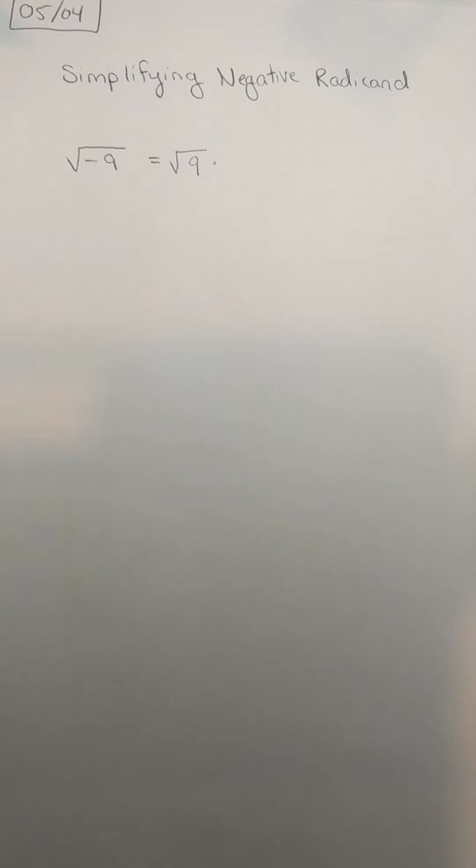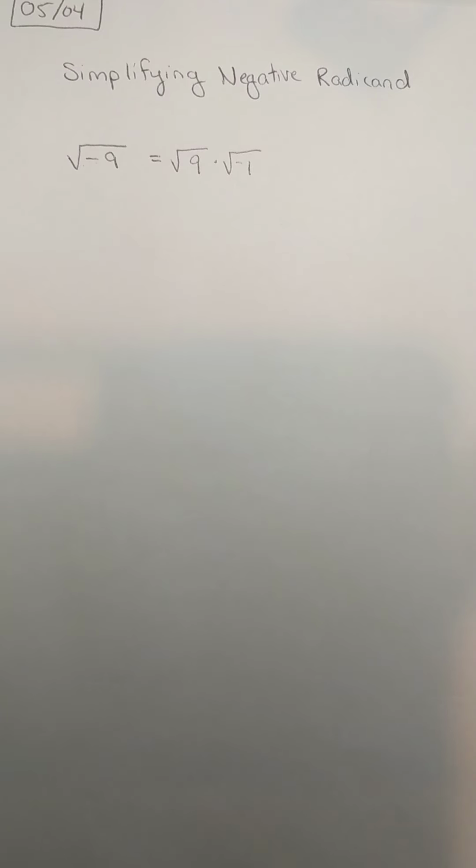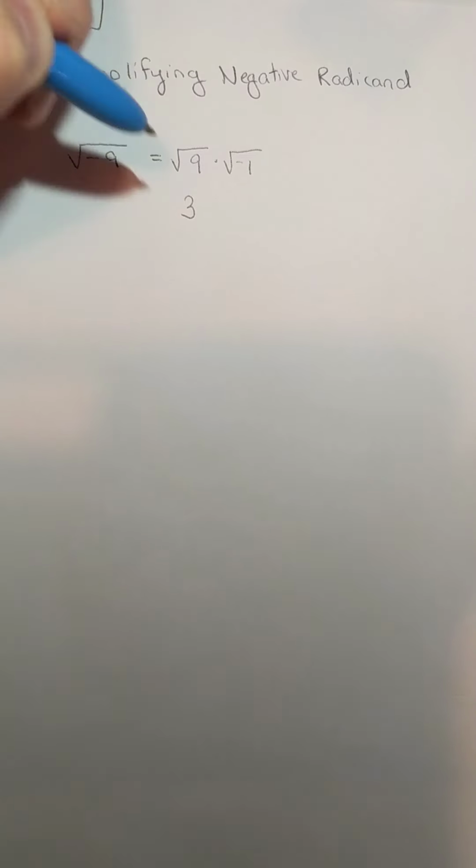And 9 times what is negative 9? Well, 9 times negative 1 is negative 9. And so I can simplify the square root of 9 into being 3. And the square root of negative 1, we use this letter i with a little tail on it. And so therefore, the square root of negative 9 is 3i.